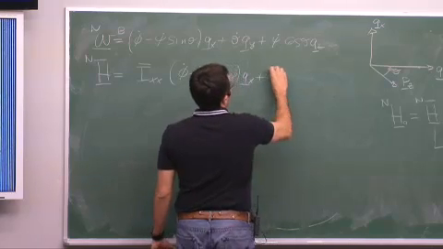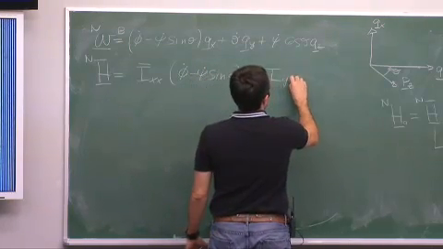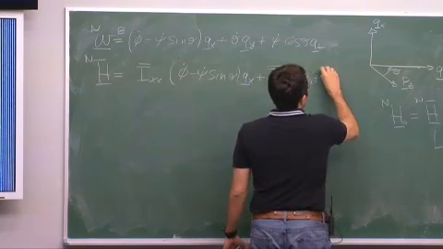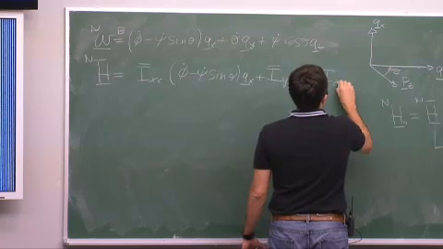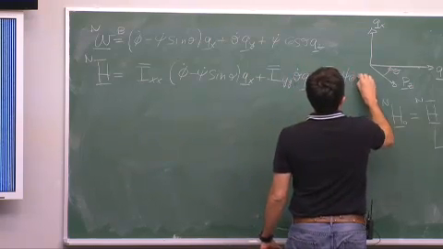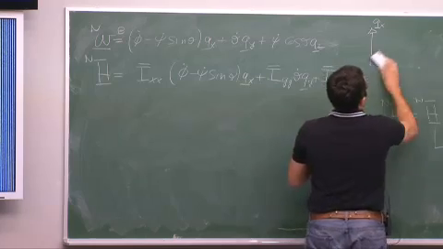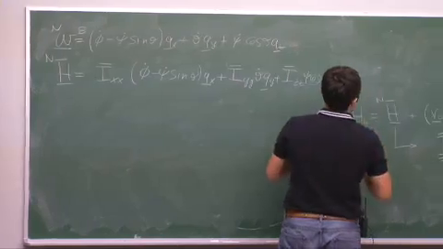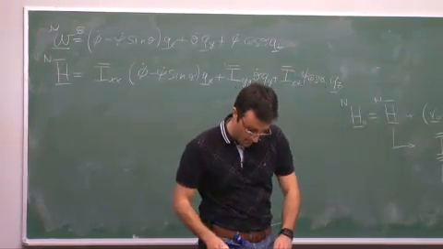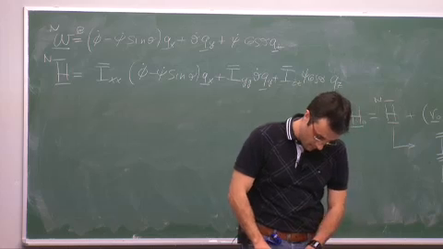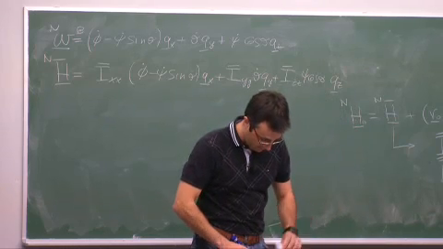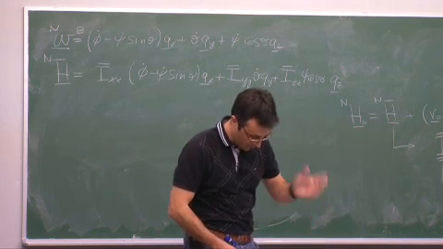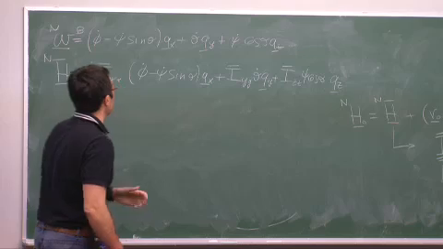Qx plus Iyy bar theta dot Qy plus Izz bar psi dot cosine of theta Qz. Agree? Disagree? I need to check here. I don't want to make mistakes. Yeah, well, but that's only h bar. I'm not done.